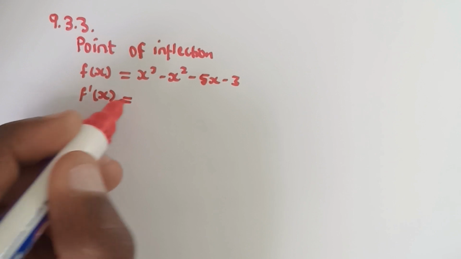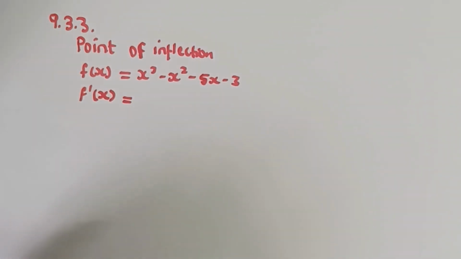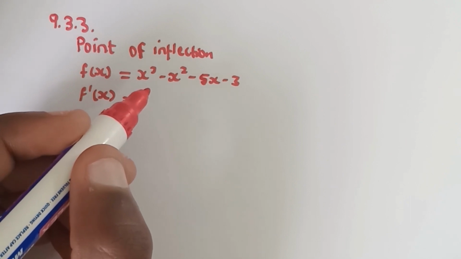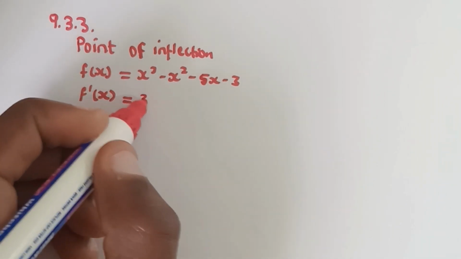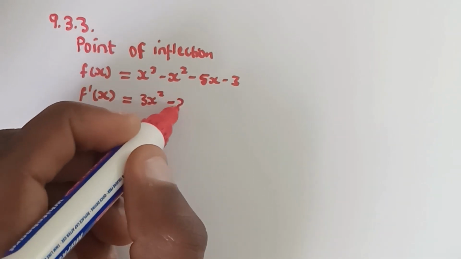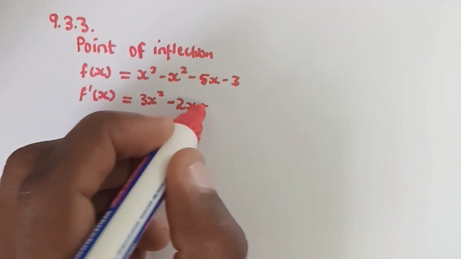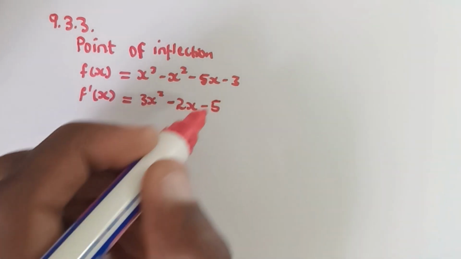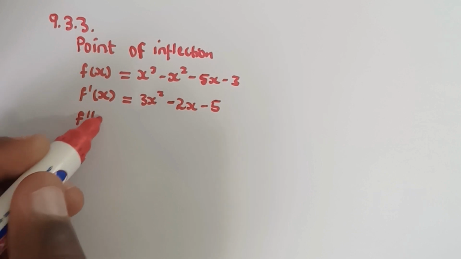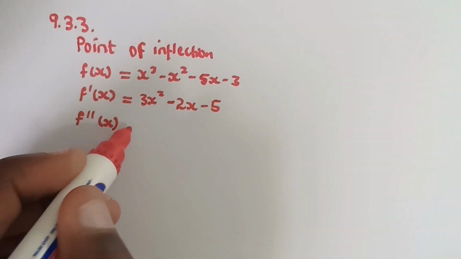So our first derivative was 3x squared minus 2x minus 5. So that is our first derivative. f prime prime means it's our second derivative.